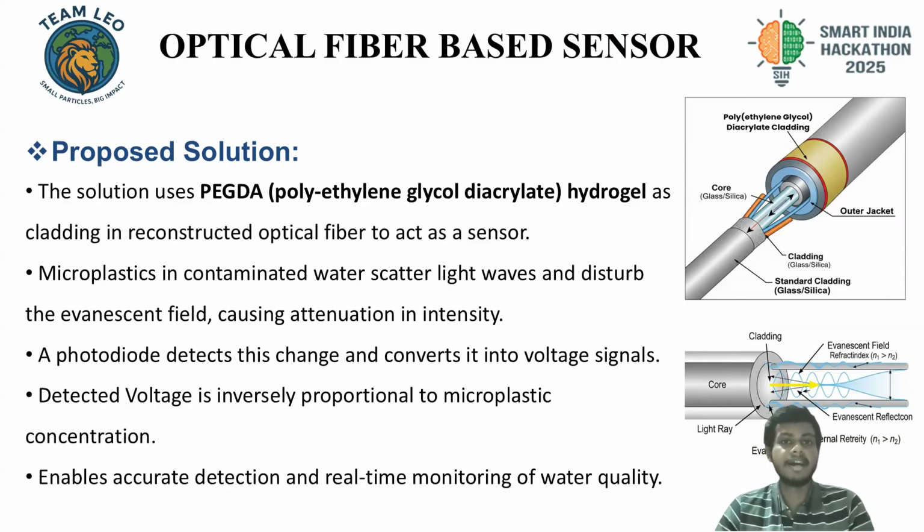And as the concentration of microplastics increases, the scattering will also tend to increase, and hence the intensity at the other end will decrease, and the detected voltage by the photodiode will also decrease. So the detected voltage is inversely proportional to the microplastics concentration that enters the cladding material.